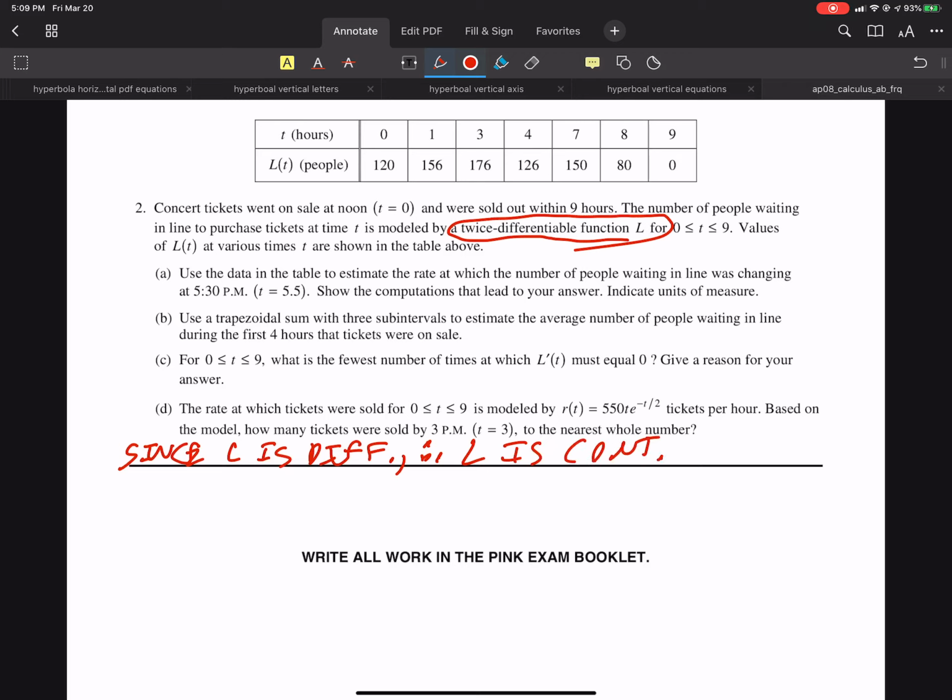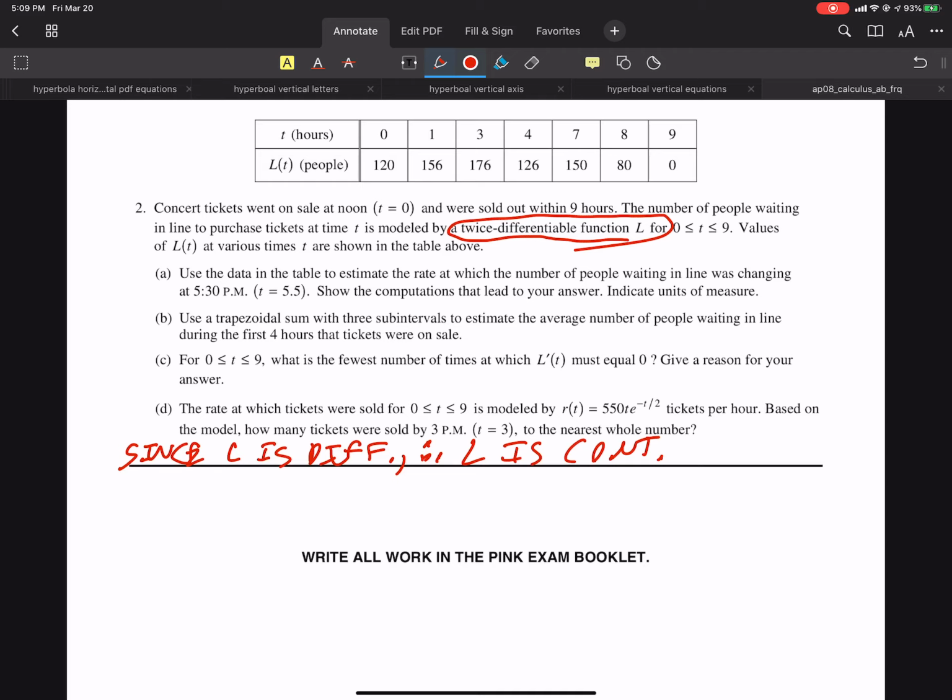So we need differentiability and continuity for the mean value theorem and continuity for the intermediate value theorem, which we'll get to. And that's actually not going to come from the first derivative, but the second derivative. We'll talk about that in a second.